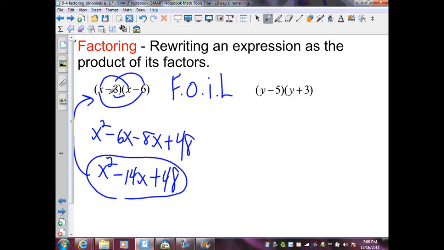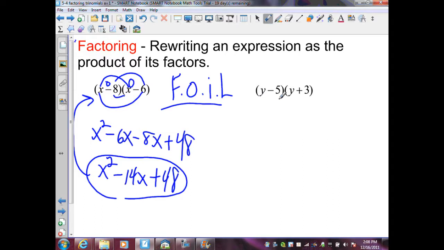Also, you'll notice on this problem I have a negative 8 and a negative 6. In other words, the signs are the same. If they're both negative or both positive, and if my middle terms are like terms, then I will add them to get to the middle trinomial term. Also, I make a little joke that when I do FOIL, I end up with a nice smiley face. That makes sure that I get my problem correct.